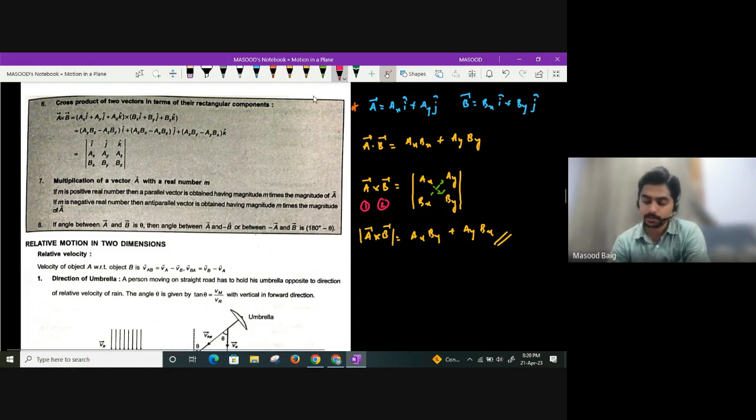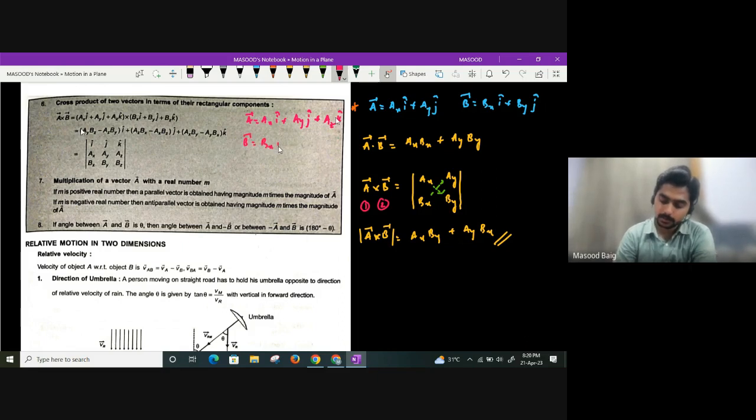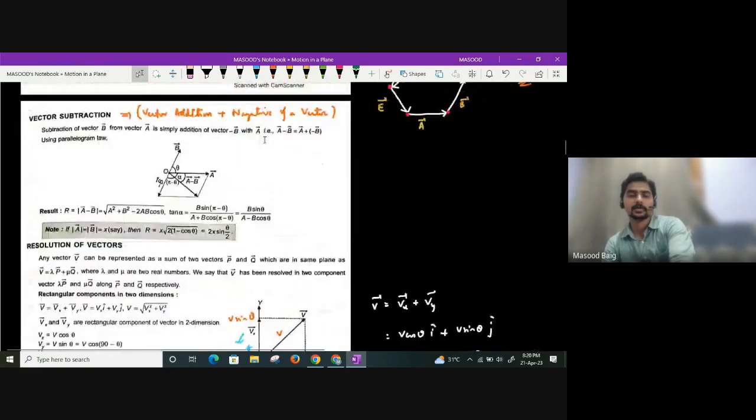So that is the reason a bar is represented as ax i cap plus ay j cap plus az k cap. Similarly, b bar is represented as bx i cap plus by j cap plus bz k cap. If you do dot product of this, you will directly get ax bx plus ay by plus az bz.